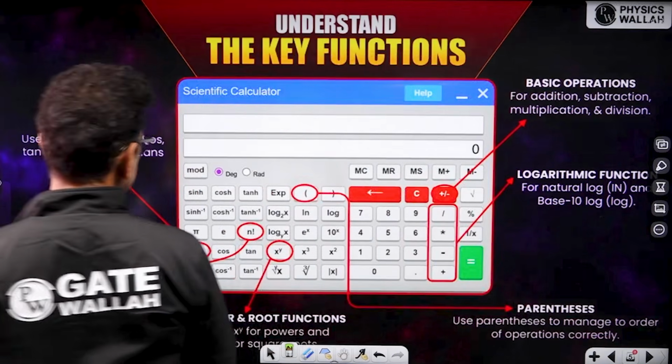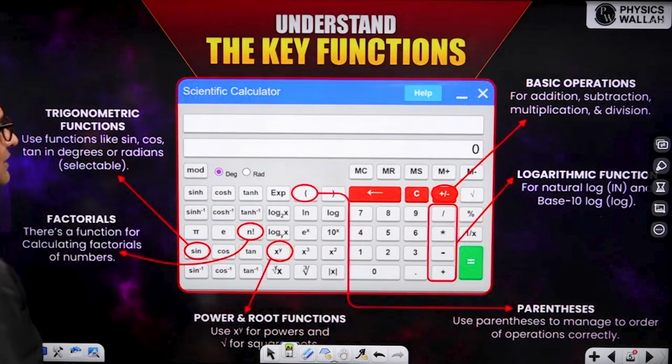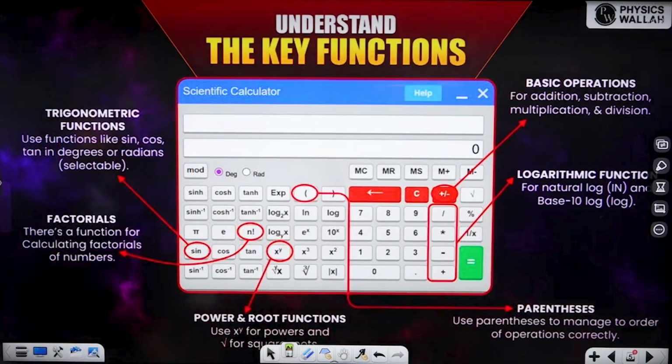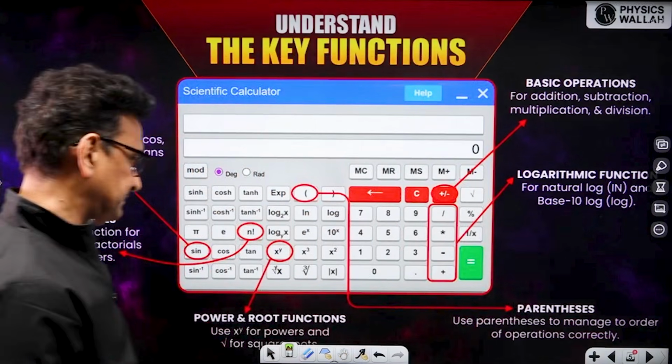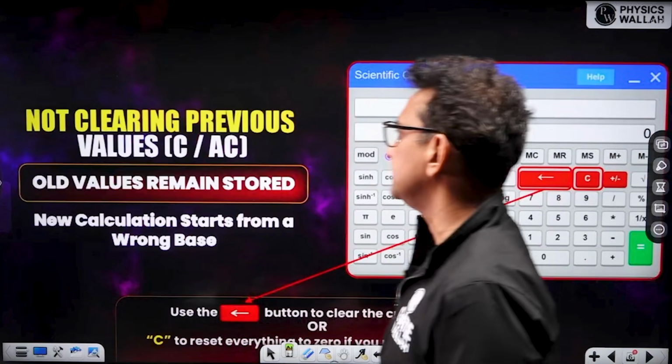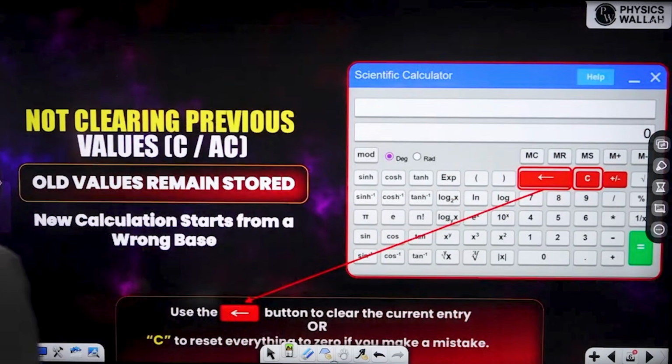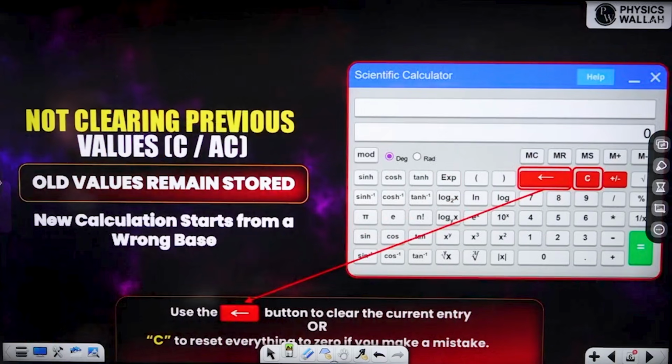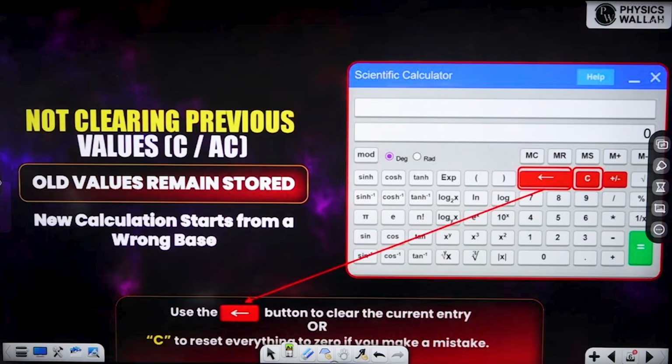So you must be aware of all the keys present in the GATE calculator. Sometimes mistakes occur when we fail to clear the previous value.